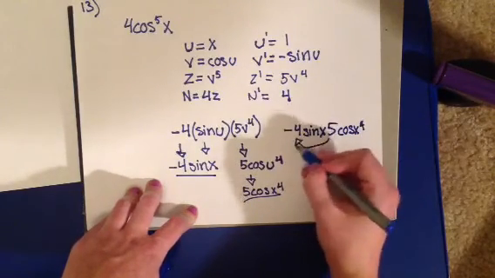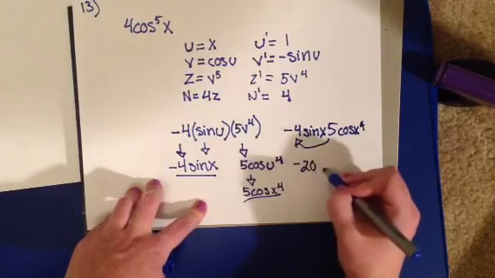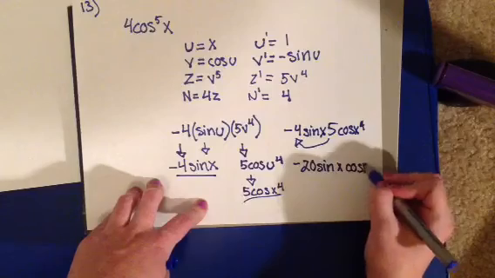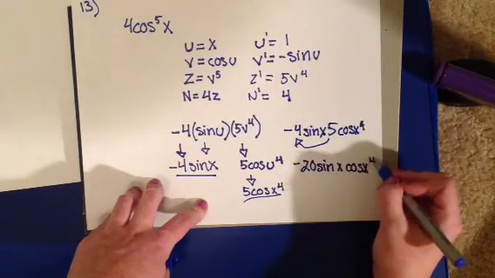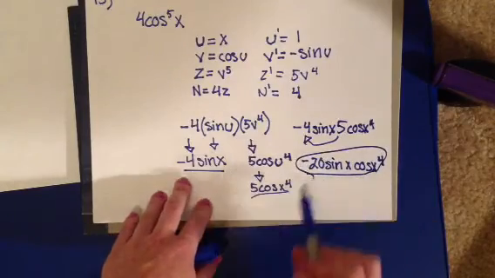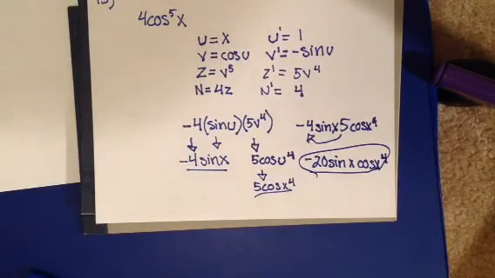And you could just put this right on over here, so it would be negative 20 sine x cosine x to the fourth. There's your answer. So let me check in the book one more time to make sure that was correct, and otherwise you'd be good to go.